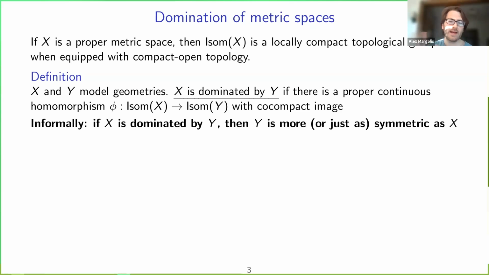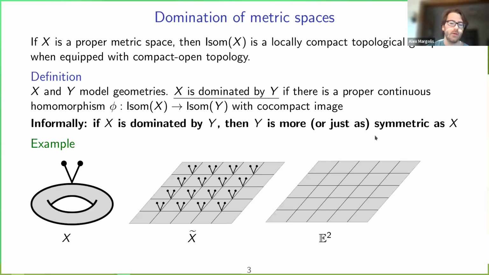And if you haven't thought about topological groups much, the slogan, which I will justify in a little bit, is that if X is dominated by Y, then we think of Y as being more symmetric, or possibly just as symmetric as X is. So why is this? Take the space X that I've drawn here, we've got a picture of it, and we think of this as a flat torus equipped with a flat metric, where we attach two antennae to a point.